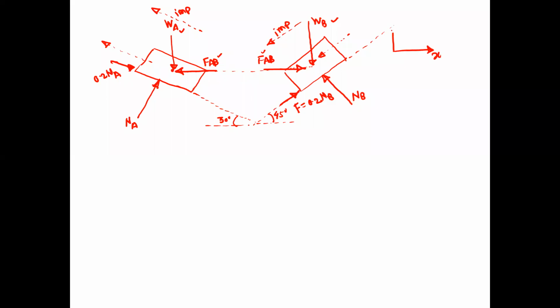So this is X axis and this is Y axis. Okay. Or even you can assume like this. You will get the same answer if you assume X axis and Y axis. For this block, you can assume X axis like this and Y axis like this.